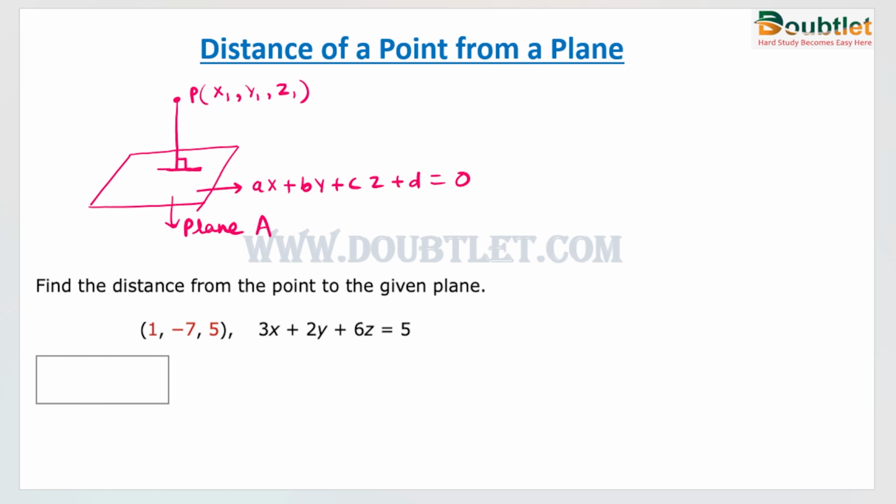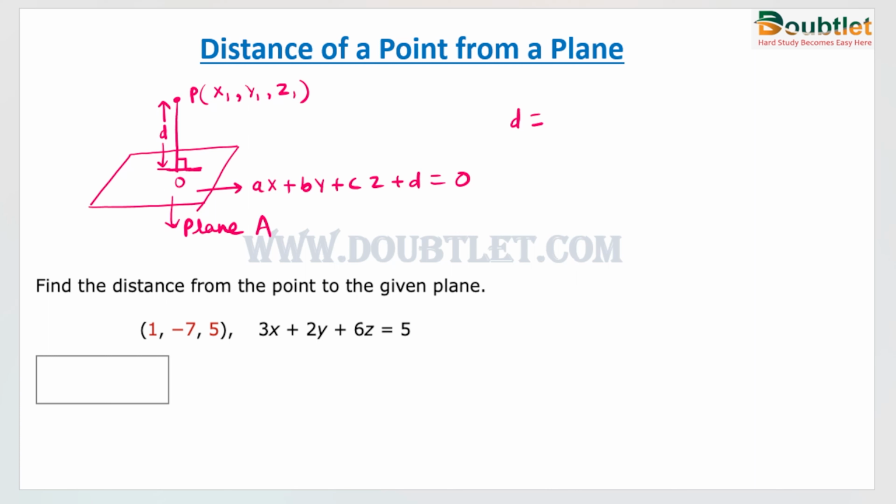So this is the whole system in the three-dimensional system. This point is P and this point is O, meaning the foot of the perpendicular on the plane. Then the distance PO is D. Now we need to calculate the value of D.